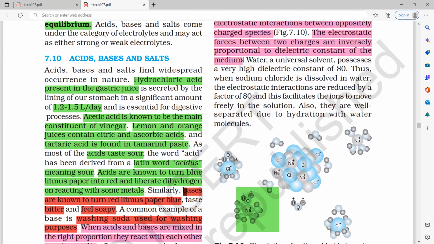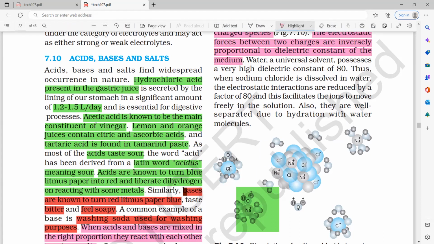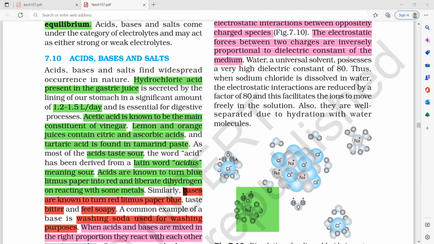So you can relate this: if F is the force between these two particles, this is 1 over K. K is the dielectric constant and the value for water is around 80.